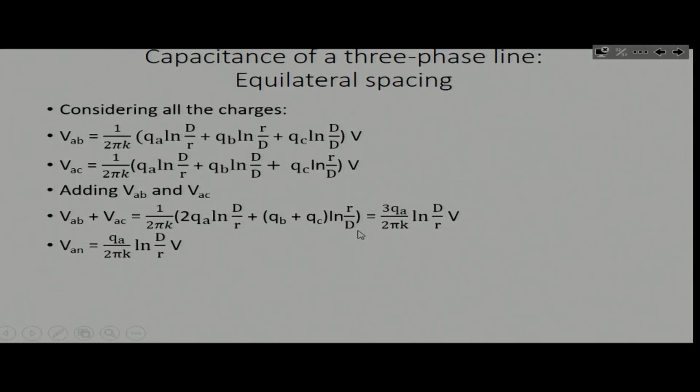And VAN is then that divided by 3, and it is QA over 2 pi k ln D over R volts. And the capacitance is Q over V, and therefore it's 2 pi k divided by ln D over R, farads per meter to neutral.